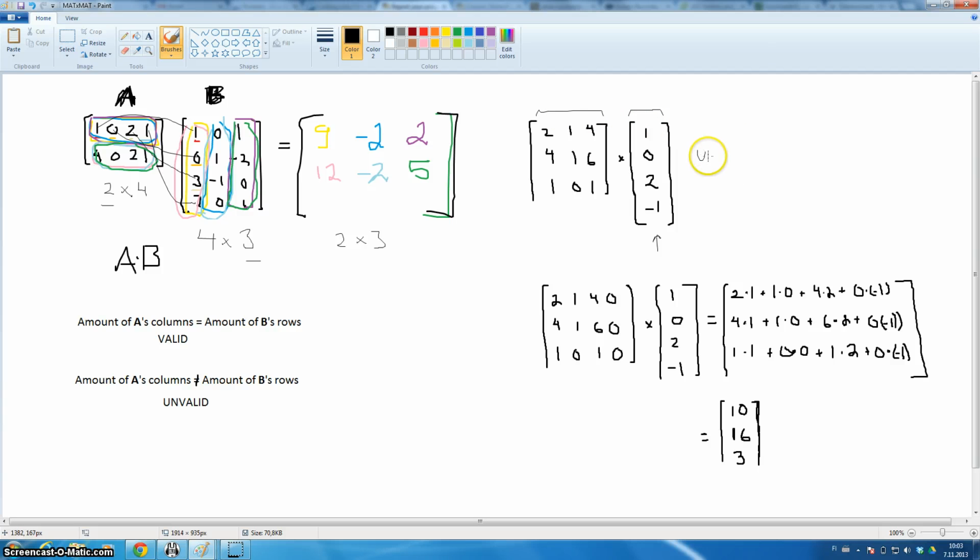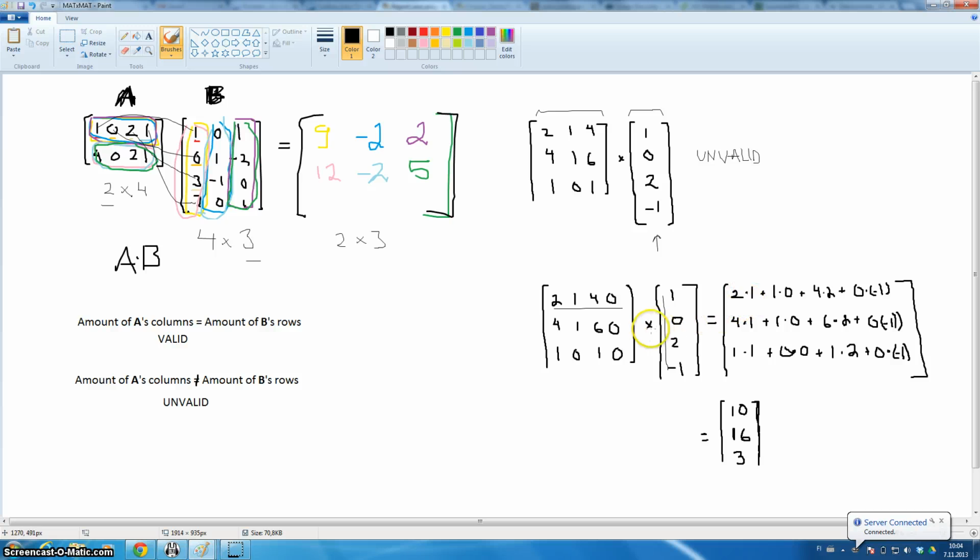This is invalid, because the columns and rows are not the same. But this time we find out that this one matches: the number of columns is the same as the number of rows.